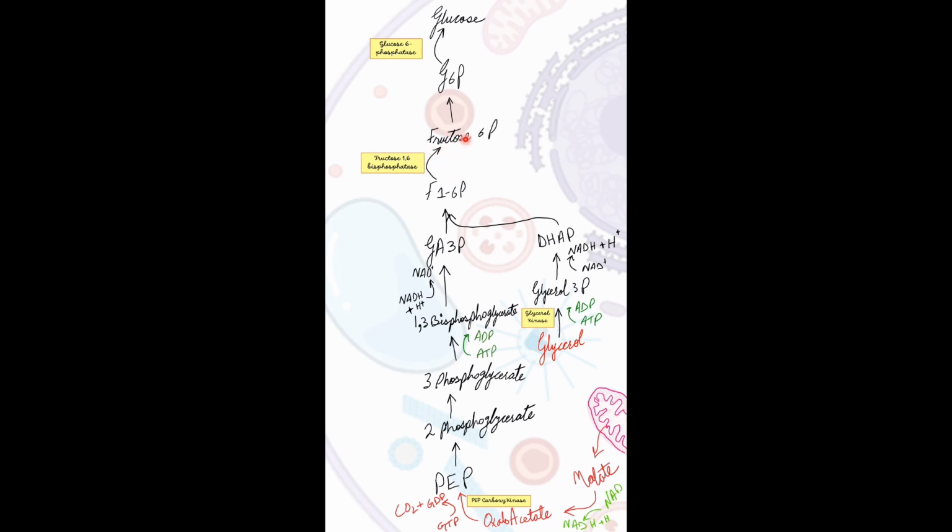And fructose 6-phosphate will be converted into glucose 6-phosphate, and glucose 6-phosphate will be converted into glucose, and there is a specific enzyme named glucose 6-phosphatase that will catalyze this reaction, and glucokinase or hexokinase are not able to convert G6P back into glucose.